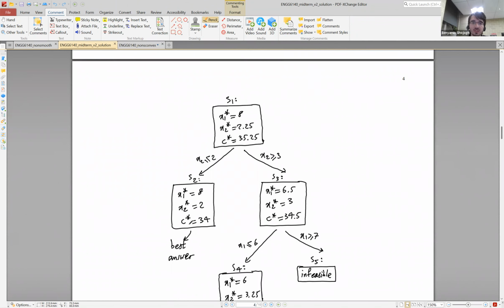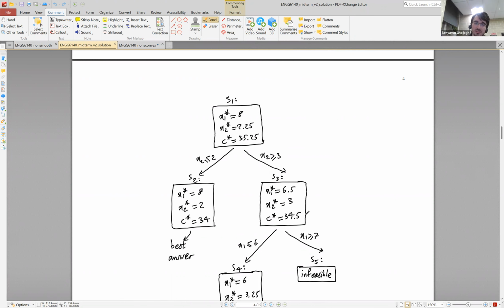Of course, this cost is worse than the cost in subproblem 1, which is the relaxation of the problem into linear programming. For the same reason that I mentioned, because the feasibility set has shrunk, we will have a worse cost than this. Again, we know that we can stop it.